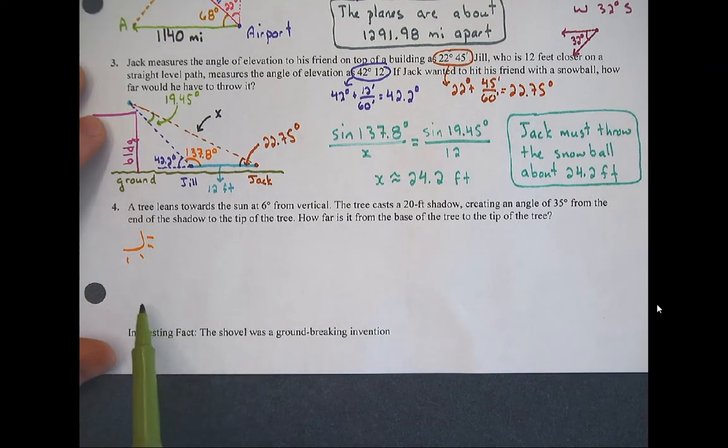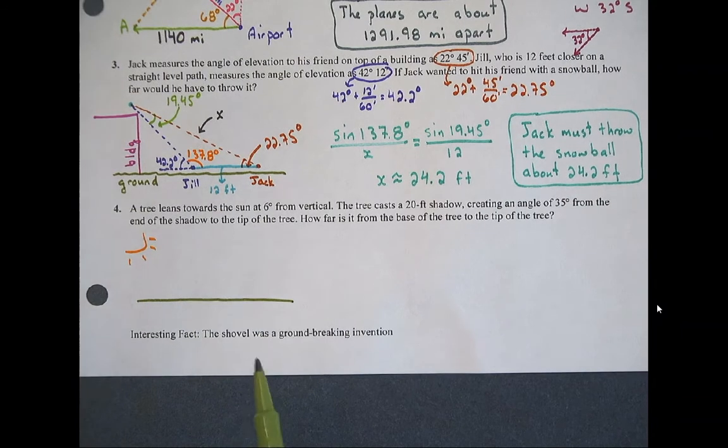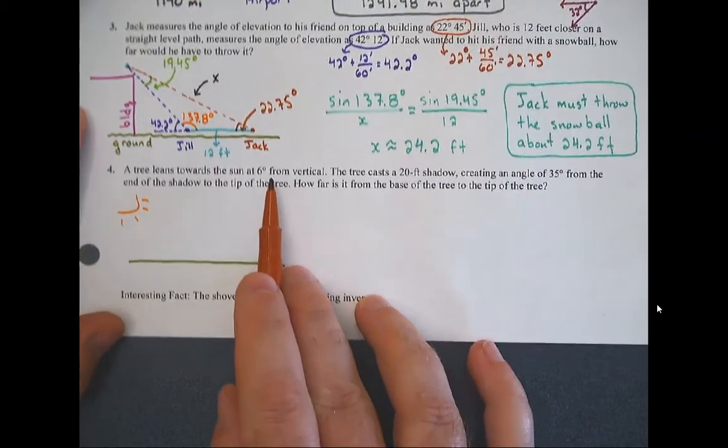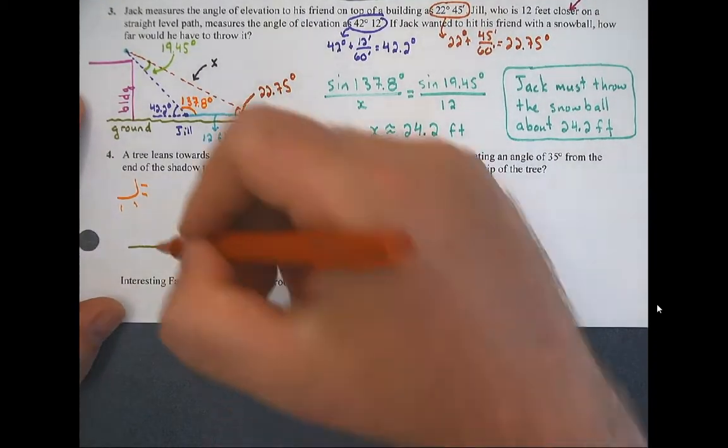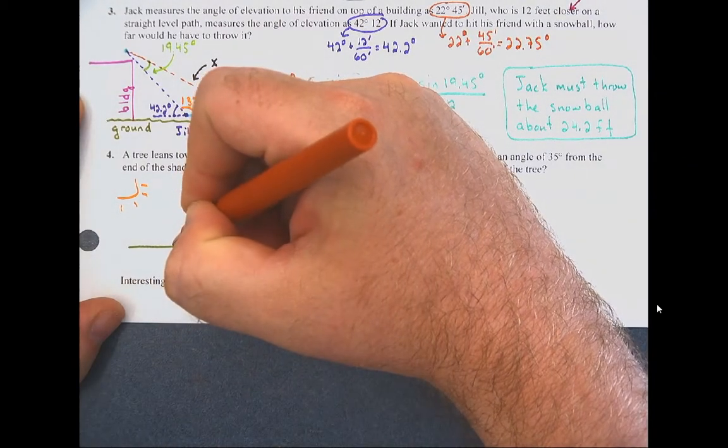Then we've got the ground. The ground would be, I would say, the next most permanent object. And then we've got the tree. Now tell me about this tree. This is a tree that leans towards the sun. So I'm going to over-exaggerate. It's only 6 degrees from going straight up and down, but I'm going to over-exaggerate my tree.